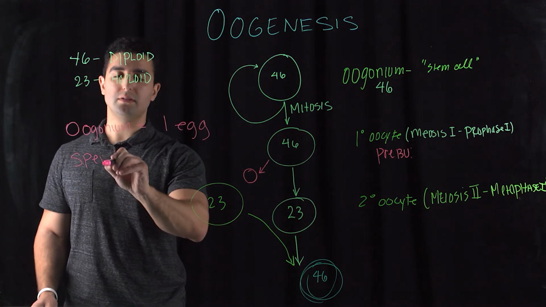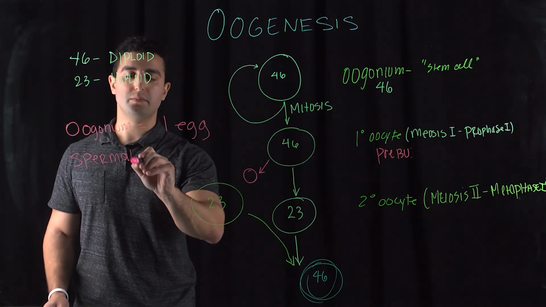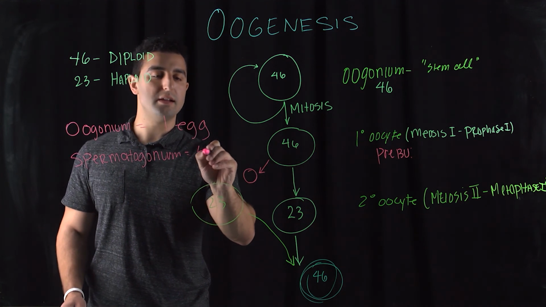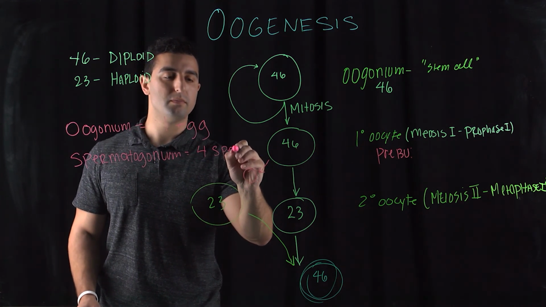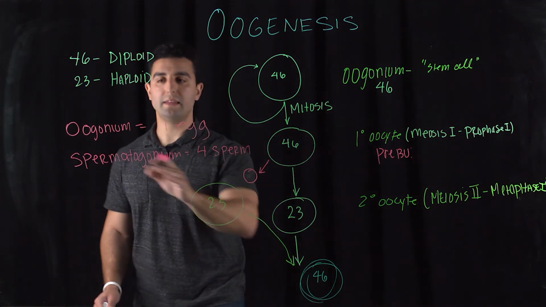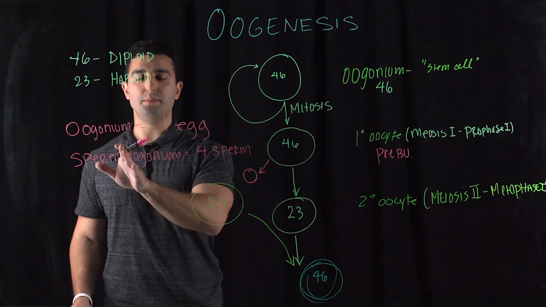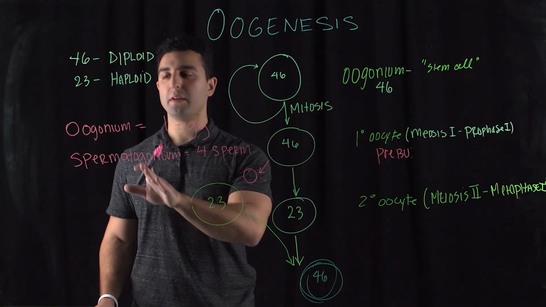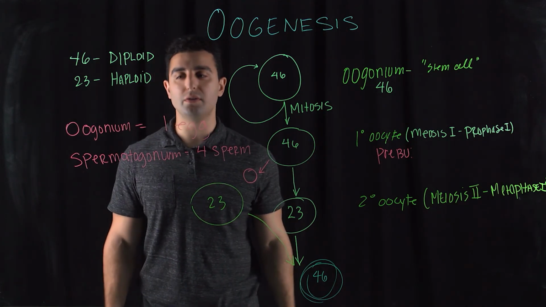But if we talk about spermatogonia, they give rise to 4 sperm. That's the big difference. This is because of the symmetric division of the spermatogonia and the asymmetric division of the oogonia.